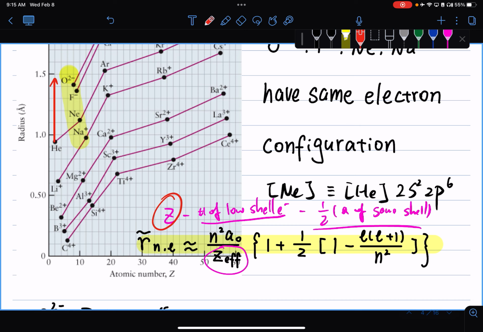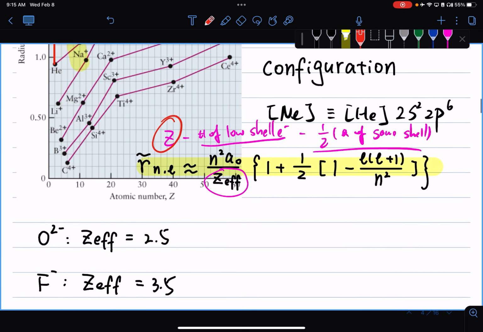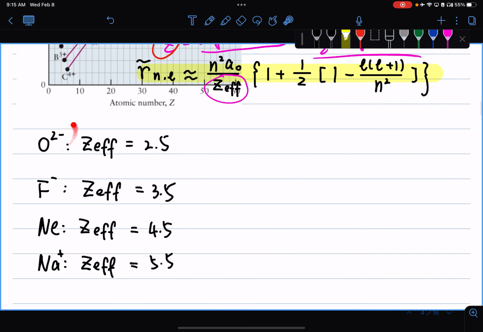So if we write out effective core potential, oxygen has the smallest effective core potential because it has the smallest atomic number in these 4 elements. Likewise, what we have is an increase of effective core potential from oxygen all the way to sodium.